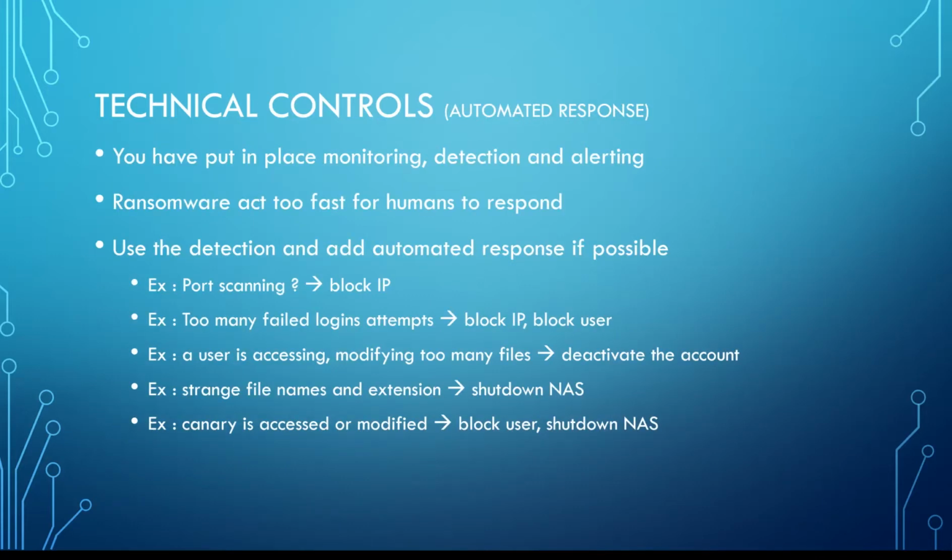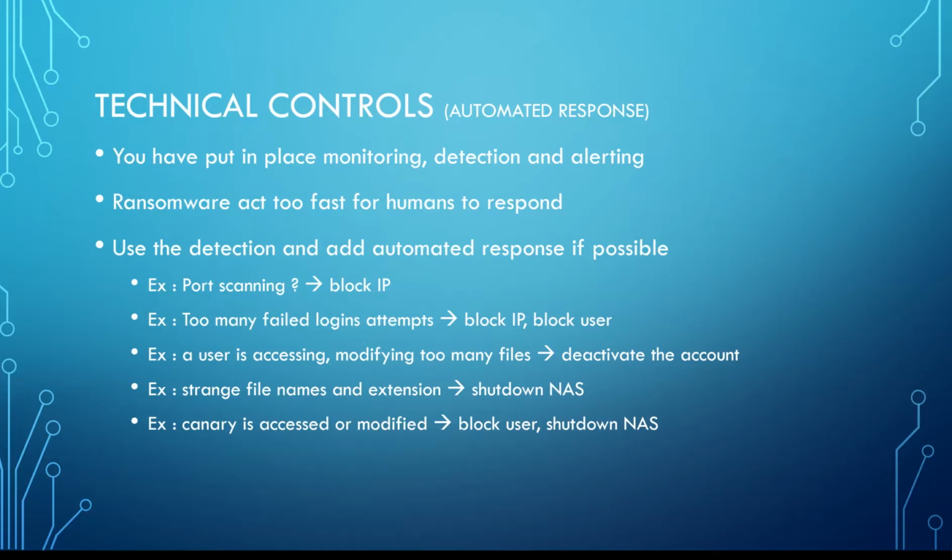Now, in terms of automated response, you put in place the monitoring, the detection, and the alerting before. But ransomware is too fast for humans to respond. If a user tells you there is something strange going on, or you see on your dashboard that the activity is not normal, it's probably too late anyway.